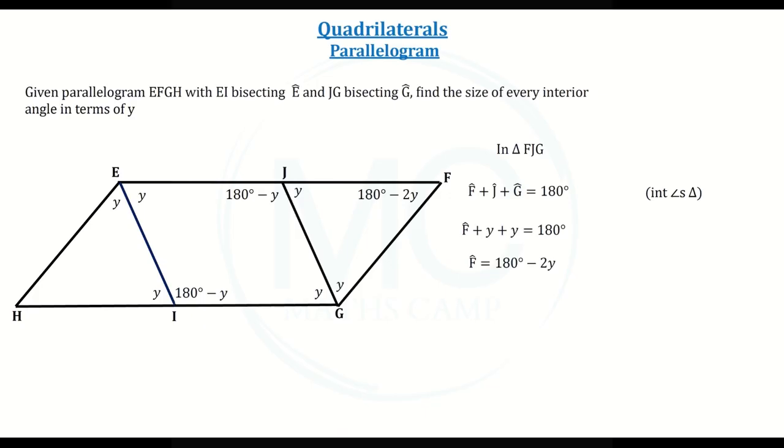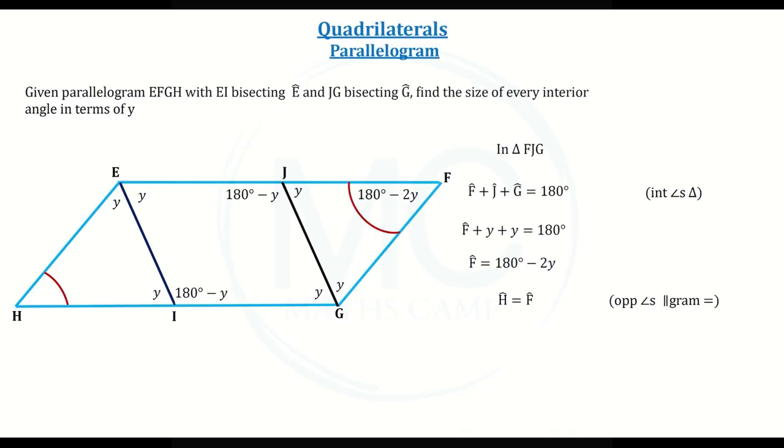Finally, we can look at the whole parallelogram, EFGH. So let's make it blue. We know that opposite angles are equal, which means that angle F, let's make it red, is equal to angle H. We can make this red as well. Now we can make the statement that angle H is equal to angle F because opposite angles of a parallelogram are equal.